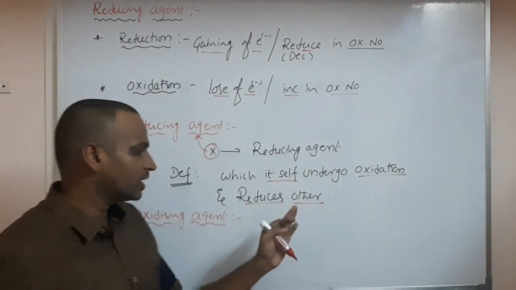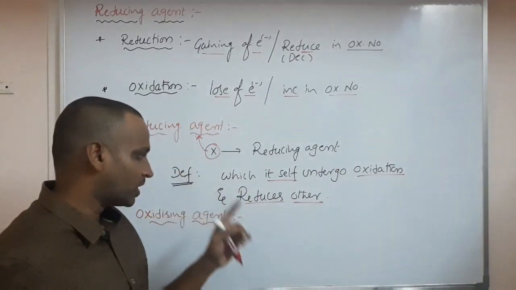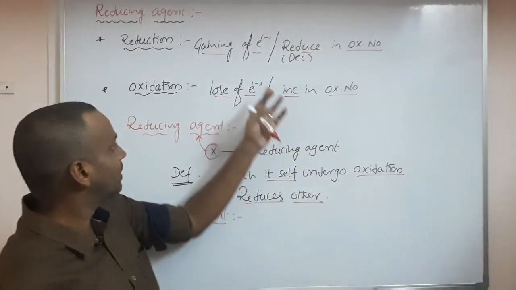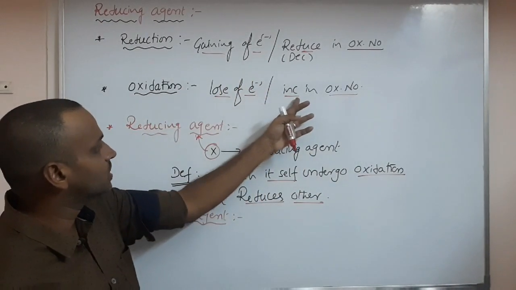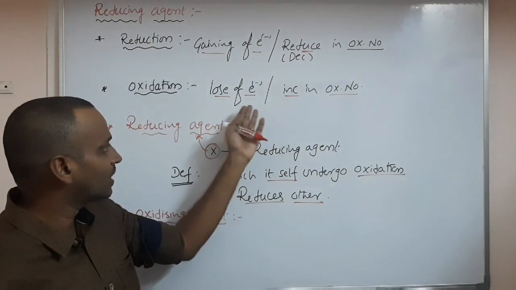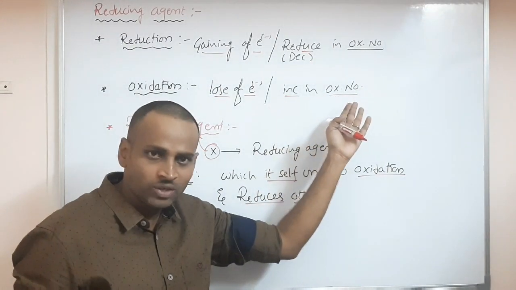If they ask which of the following is a reducing agent, first thing, we check which one is undergoing oxidation. How to identify oxidation? Where an increase in oxidation state happened. Identifying loss or gain of electrons is difficult, but calculating oxidation numbers everybody knows.